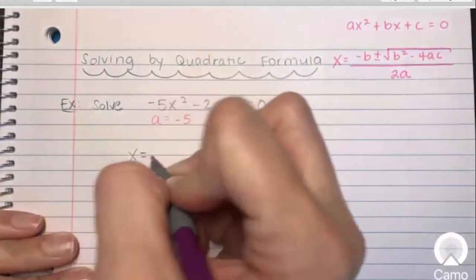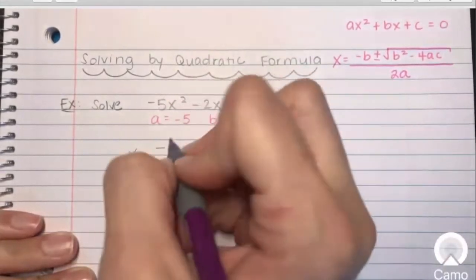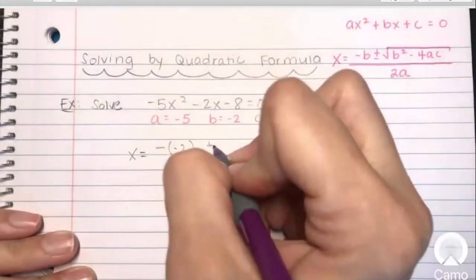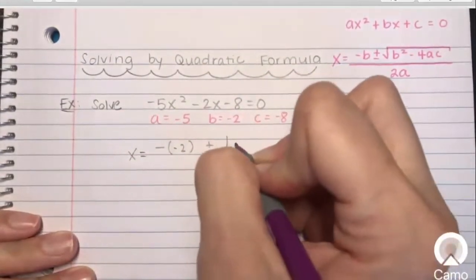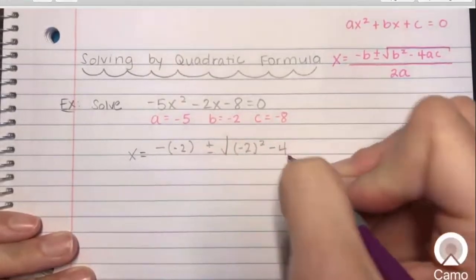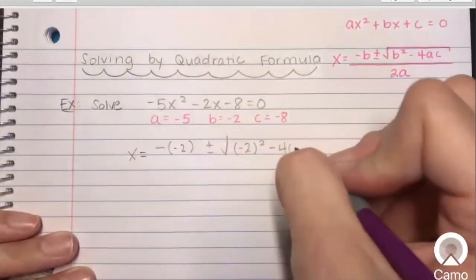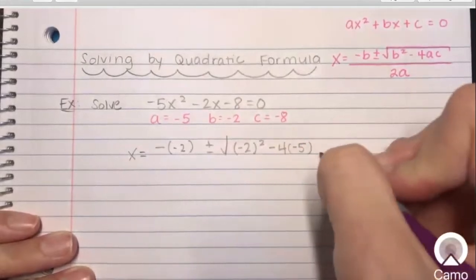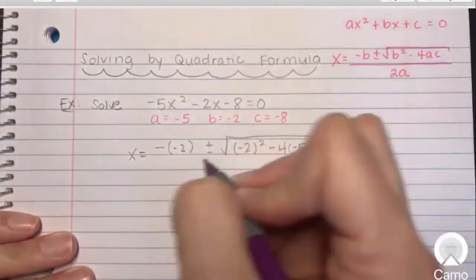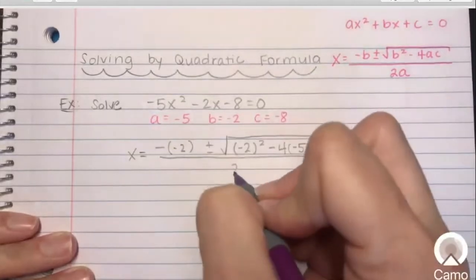So x equals negative b, which is negative 2, plus or minus the square root of b squared, so that's negative 2 squared, minus 4 times a, which is negative 5, times c, which is negative 8, all over 2a.